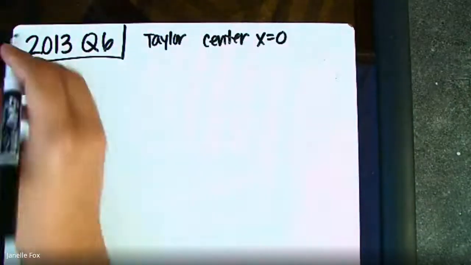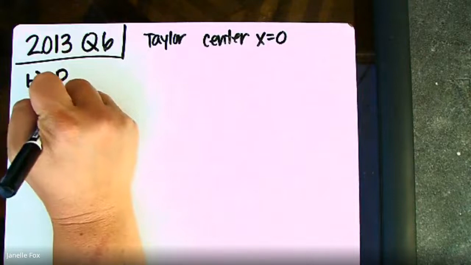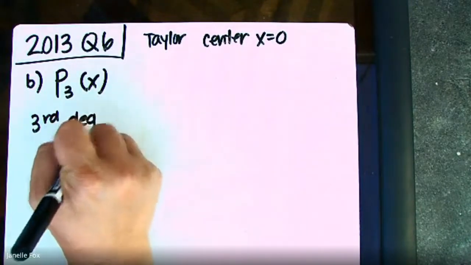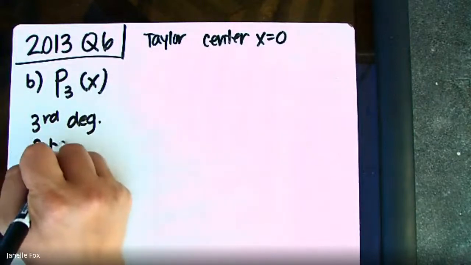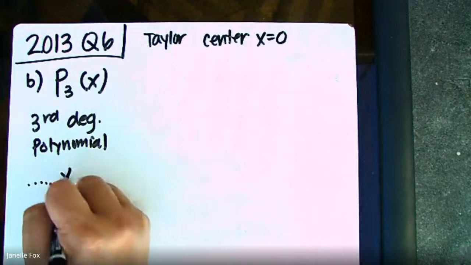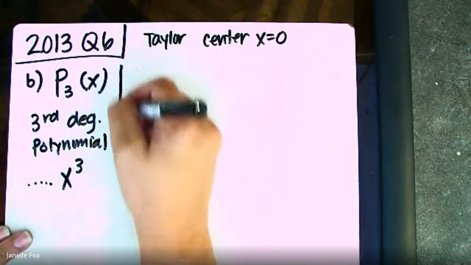So part B of the question now says, they want me to write the third degree polynomial. So this is what this stands for, right? Because it's the third degree polynomial, that means I need to write the terms up until I get to an x cubed. And once I get to the x cubed, then I can stop. All right, so let's do this.